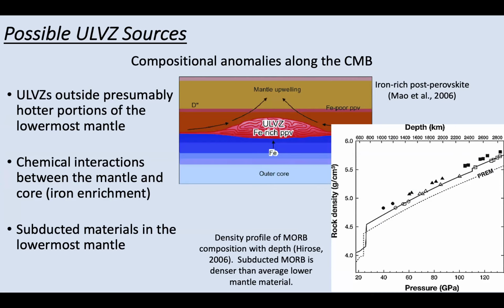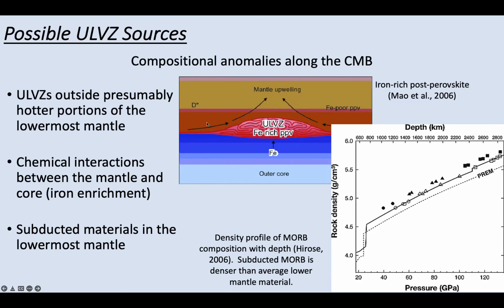And so for ULVZs identified in these colder regions, typically some type of compositional anomaly is used to explain the source of the ULVZs. One possible mechanism that might lead to such a compositional anomaly are chemical interactions between the silicate mantle and the iron core, leading to iron enriched material.